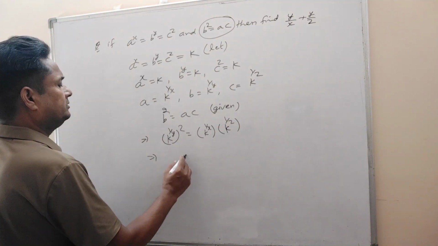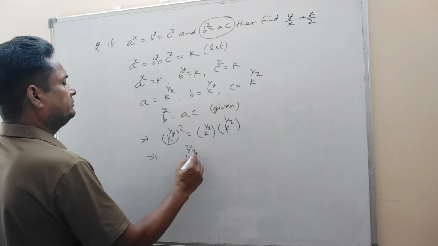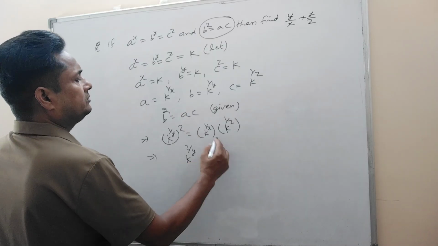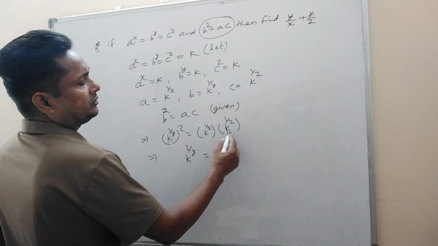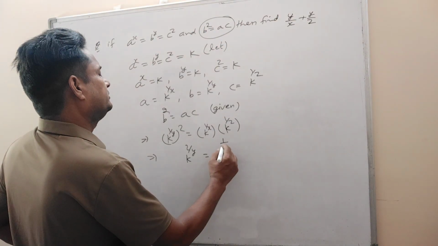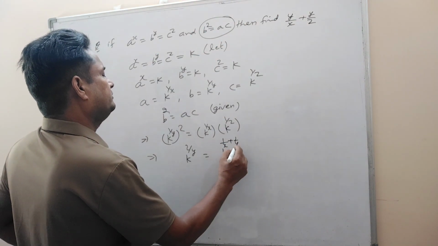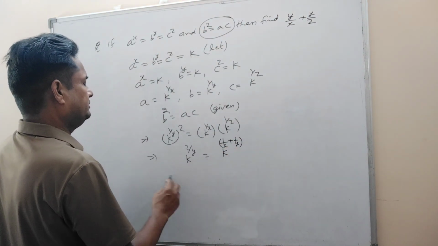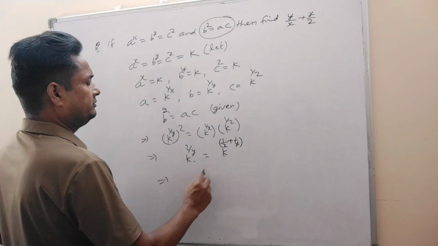So this is equal to k to the power 2 by y is equal to k to the power, these are in product, base is same, so power will be the sum 1 by x plus 1 by z.